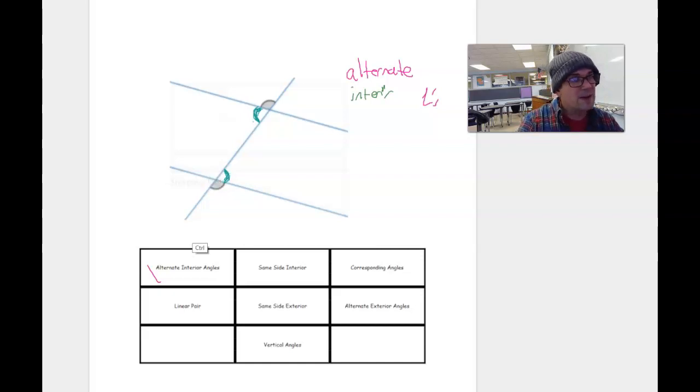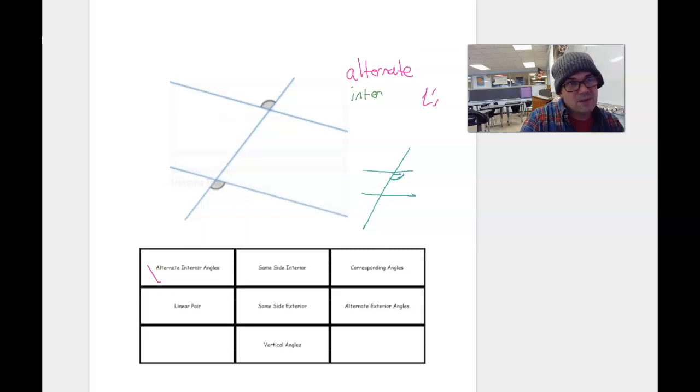So what have we covered, right? We've got the idea that if two lines are like this, and I have a transversal, and I have an angle here, and I have an angle here, this little map, if I move it up, puts that in the same place, those are corresponding. These are also corresponding. This, which angle corresponds with this one?